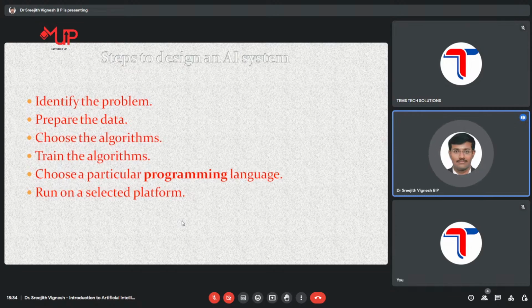There are also some specific tools manufactured by famous industries like IBM. IBM has introduced something called IBM Watson, which permits you to create your own AI system, and it also created IBM Cognos, which is used for analyzing the data, and you can predict what the value would be in the near future.